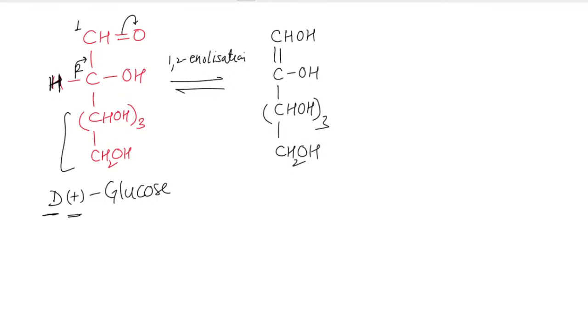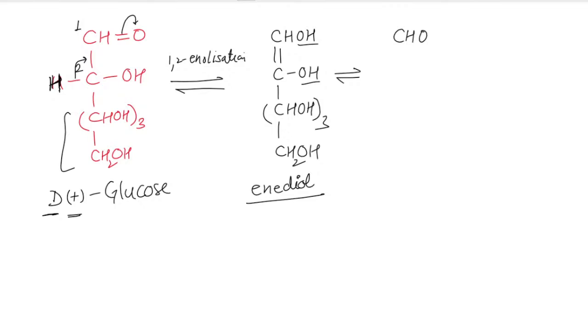Okay, now look at it. When this enol form is converted into keto form. This is the enol form, right? Enediol. This is ene and 2 OH, right? Enediol.